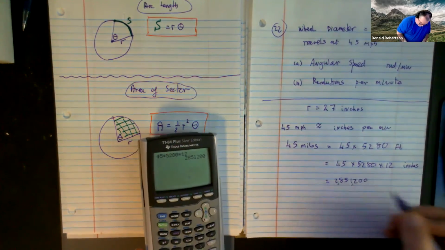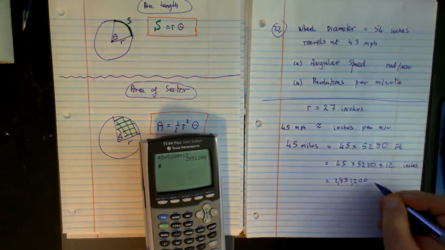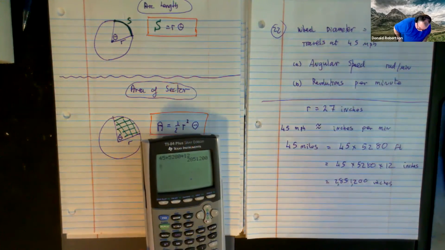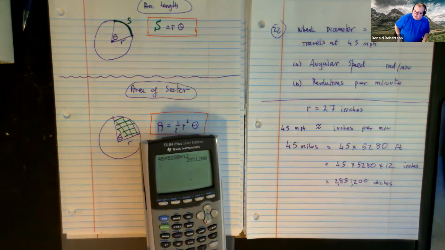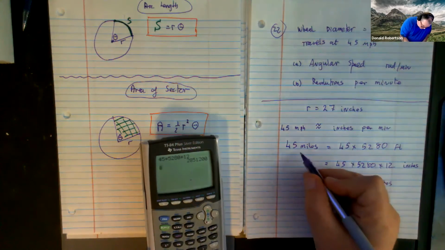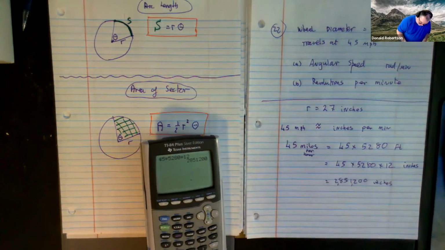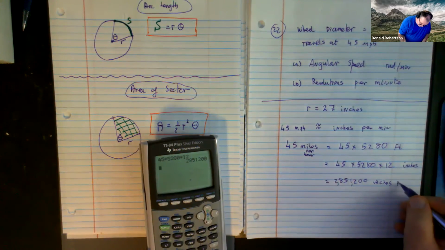So that's basically 2 million and change inches. Let's check 45, 5,280 times 12. Are we comfortable with that? Now that's how many miles per hour. So that's how many inches per hour.